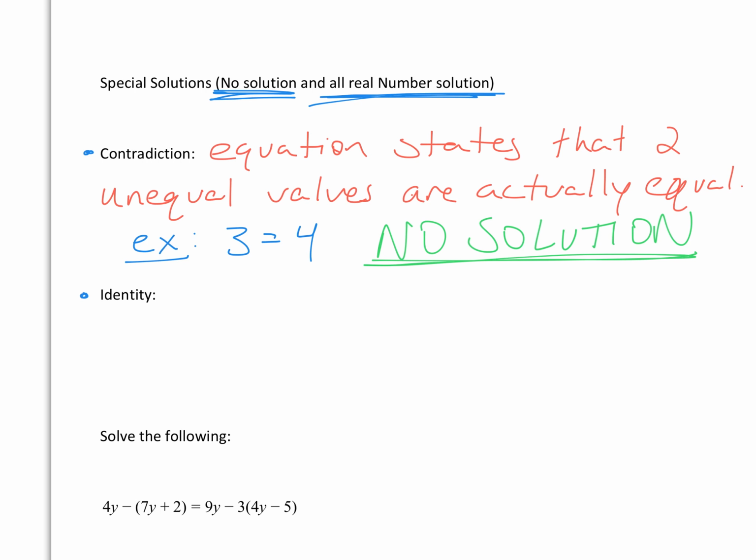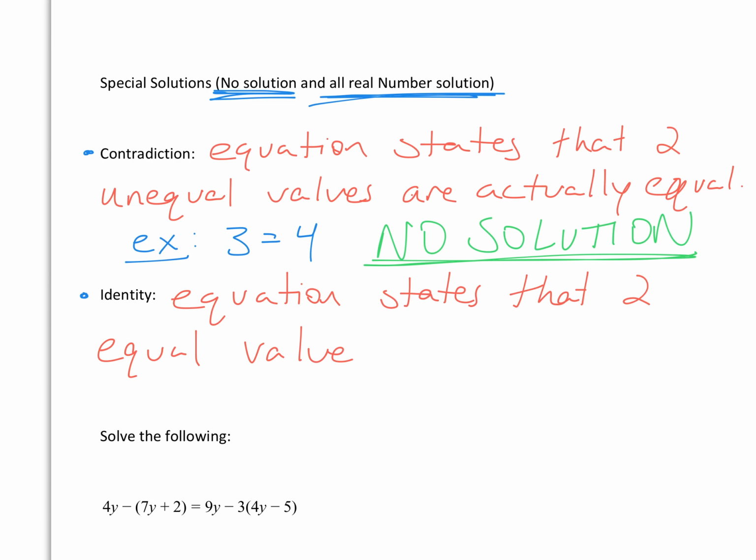Next is an identity. An identity is when an equation states that two equal values are actually equal. Now that seems pretty redundant, but that's the point.